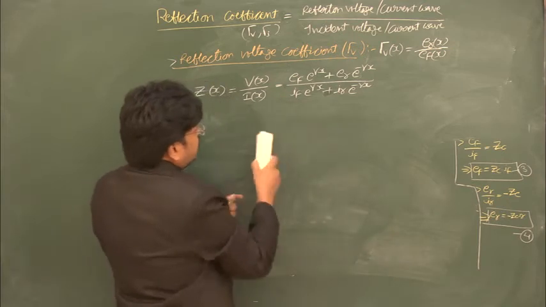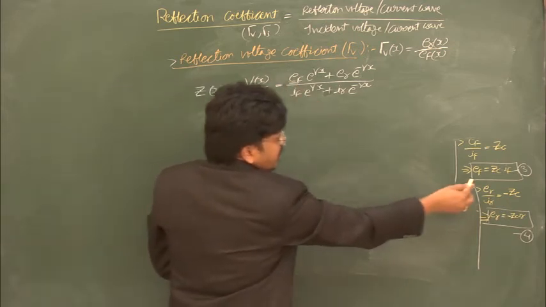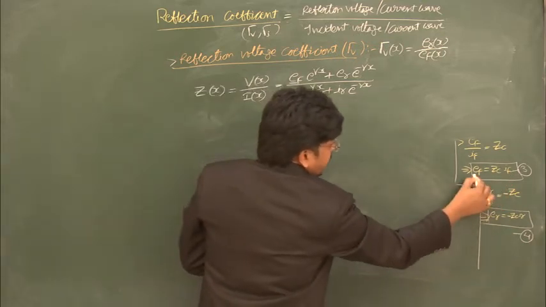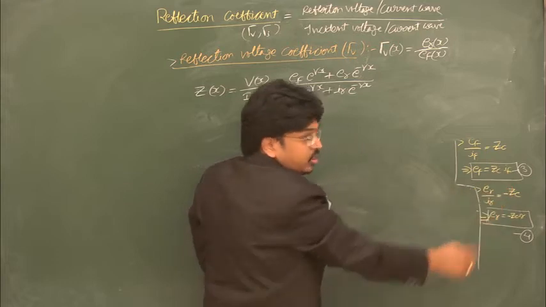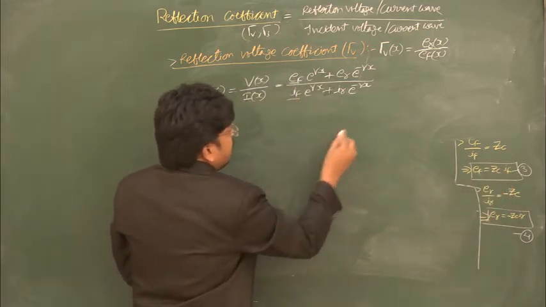In this expression, from equation 3, EF equals Zc into IF. From this, IF equals EF by Zc. So I have to replace this IF value.